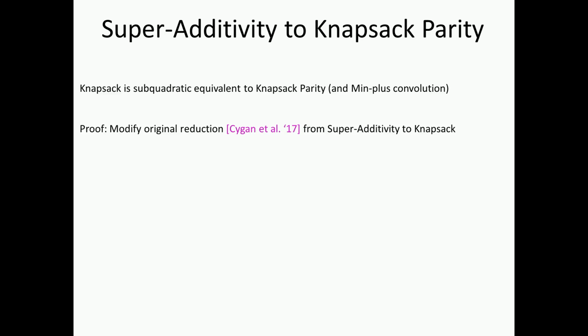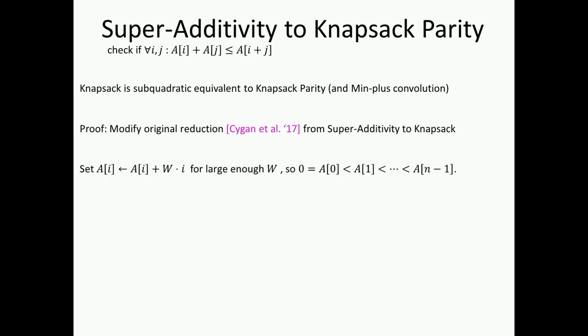And the proof goes by modifying the original reduction from super-additivity to Knapsack. And I remind you that super-additivity asks to check whether for every i, j, ai plus aj is at most a(i plus j). And we set first every ai to ai plus w times i, where w is a large enough value. So we get that the list is monotonically increasing and a0 is 0.